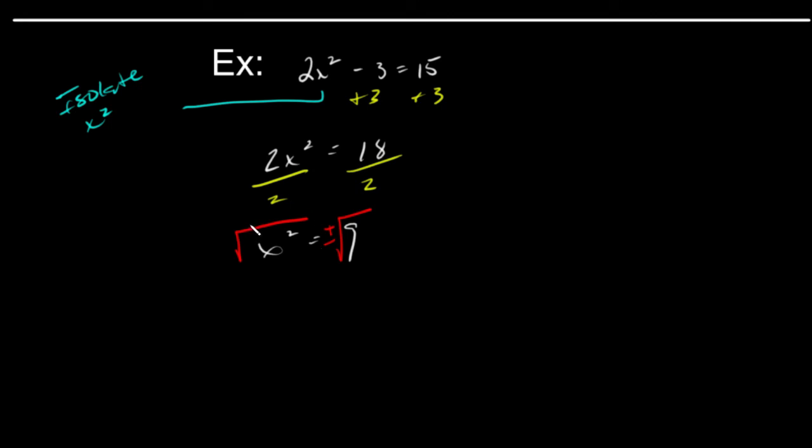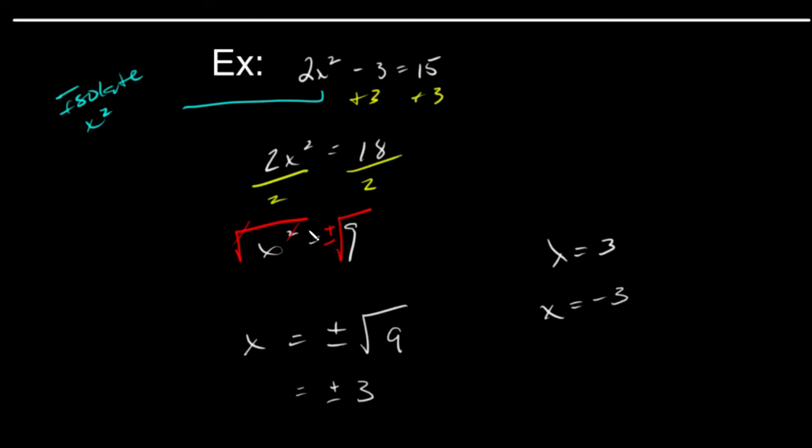Take my word for it for now. The square and the square root cancel each other out, like inverse operations. You end up with x equals plus or minus the square root of 9. The square root of 9 is 3. So you get plus or minus 3. This has two solutions: x equals 3 and x equals negative 3.